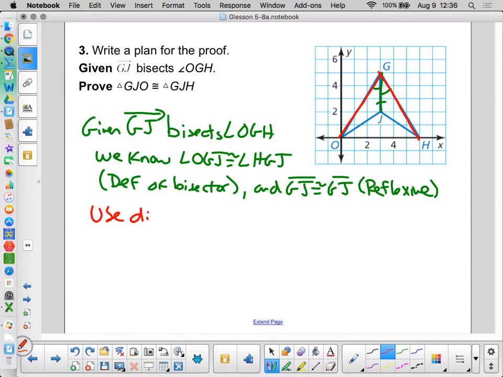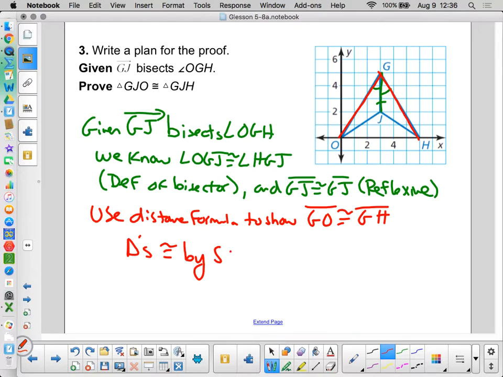Use distance formula to show GO is congruent to GH, and then triangles congruent by side angle side, because that's what we're trying to prove. And that's my plan. I don't even have to list the triangles. I can just say the triangles are congruent because we've already said what triangles we want to be congruent up in the instructions. So that's the plan.